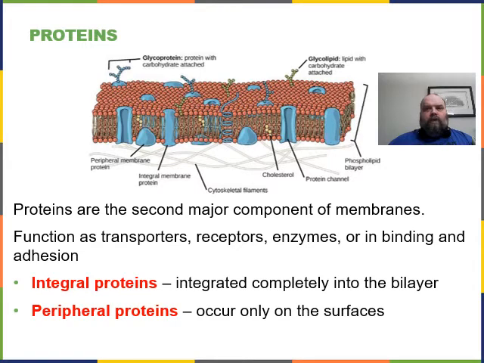So, we find that the proteins that are associating with the plasma membrane come in two forms. First, what are known as integral. Integral proteins are like this, what we see here. They're embedded in, they pass through the membrane.